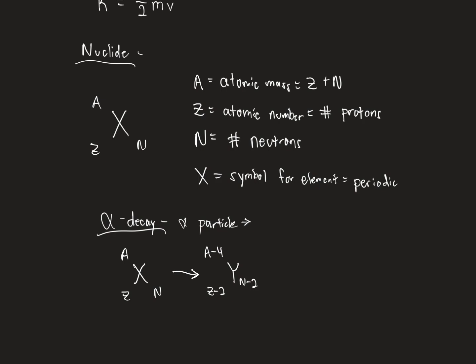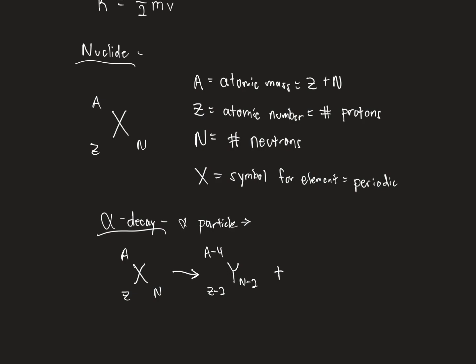So how would I figure out what Y is? I look at the periodic table, and what number would I look for? 4. And replace that symbol with whatever 4 is. I think it's beryllium. Okay. And then N minus 2, number of neutrons minus 2, A minus 4. So this is all pretty straightforward to do, as long as you have this general formula written out.